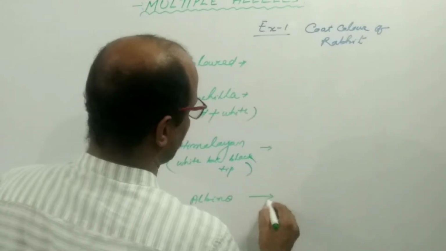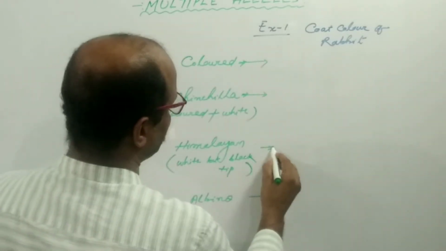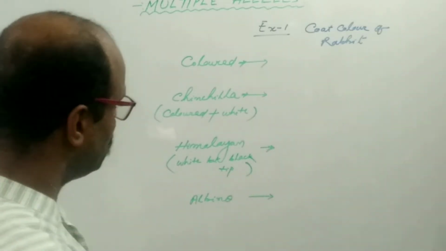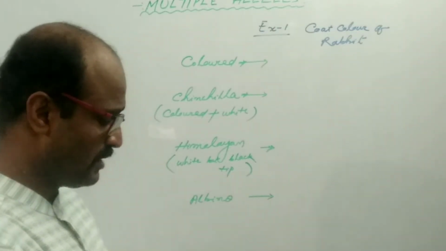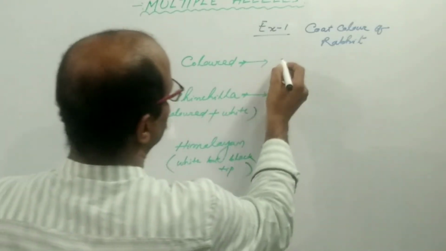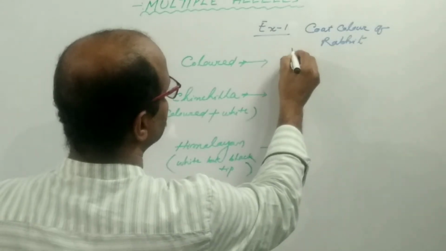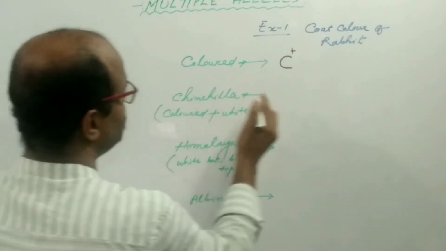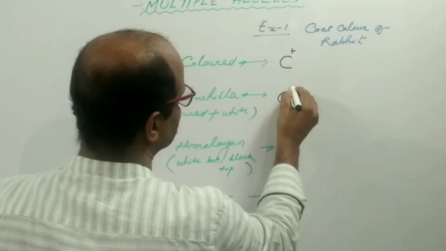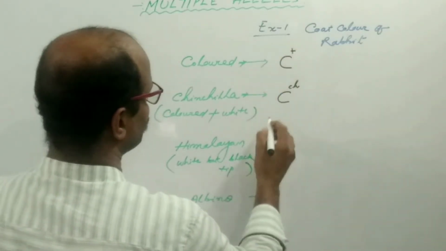I have already told that in case of multiple alleles, we use the same letter or the same symbol. Suppose here I am using capital C, and this is the wild variety, C plus. The chinchilla I am using C, c^ch, it is recessive to C plus.